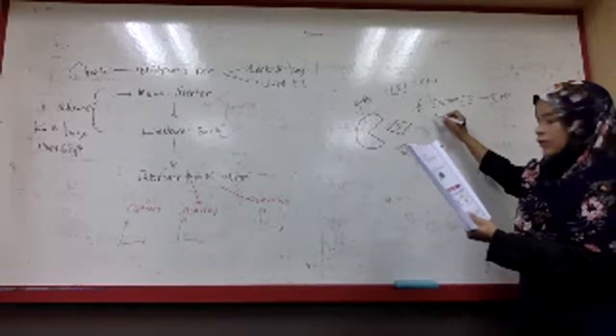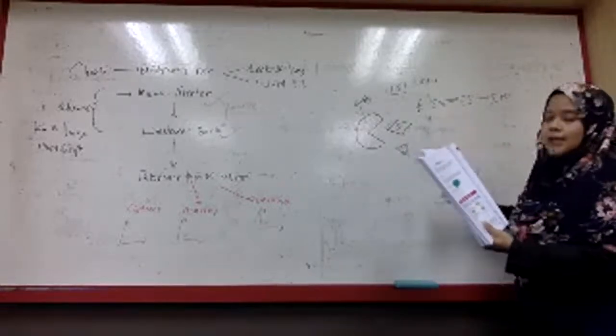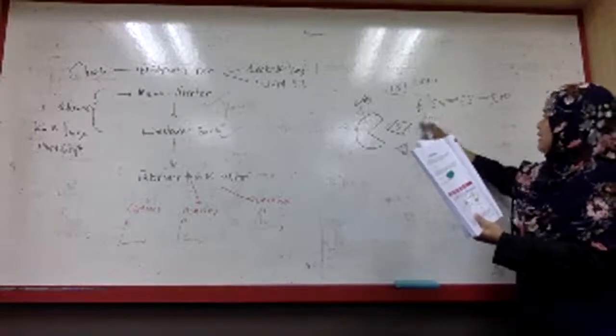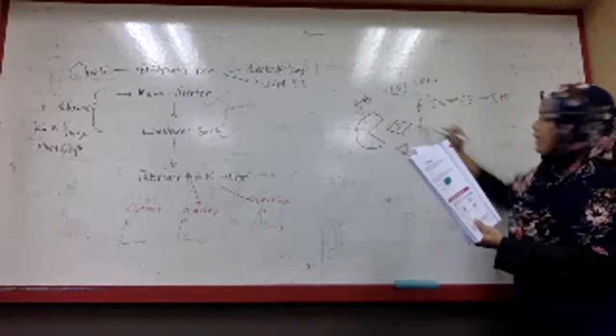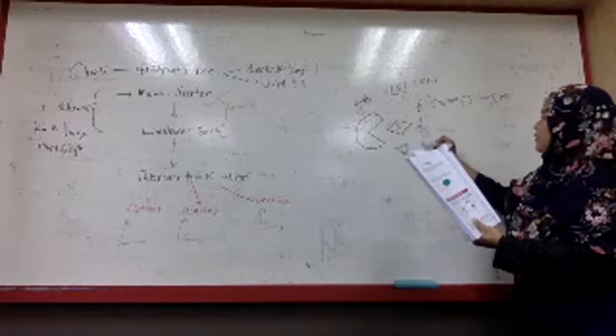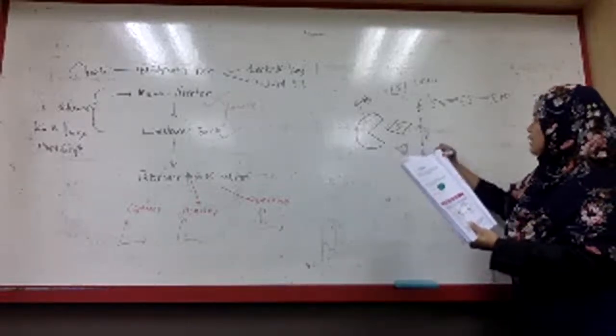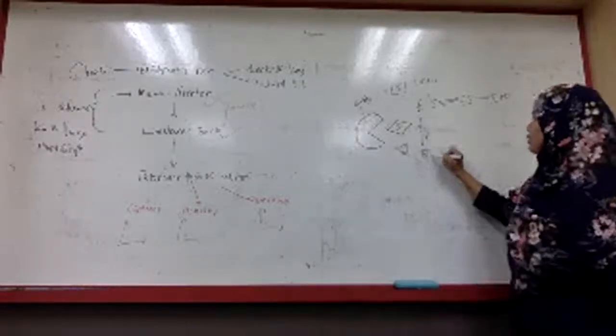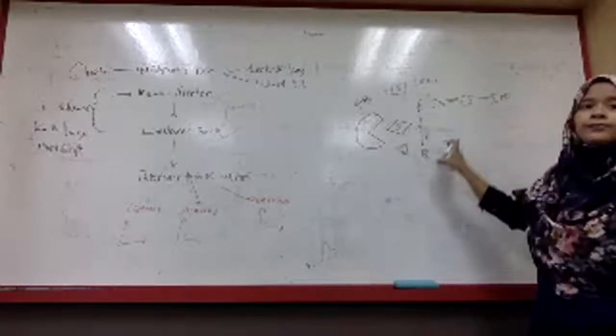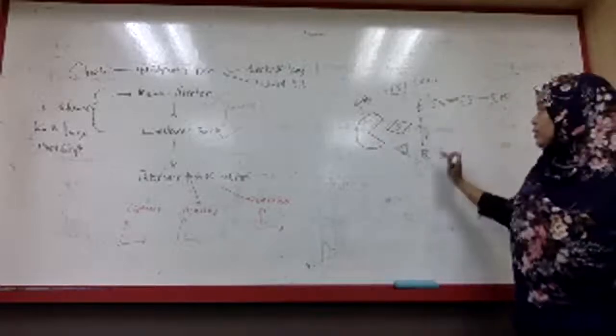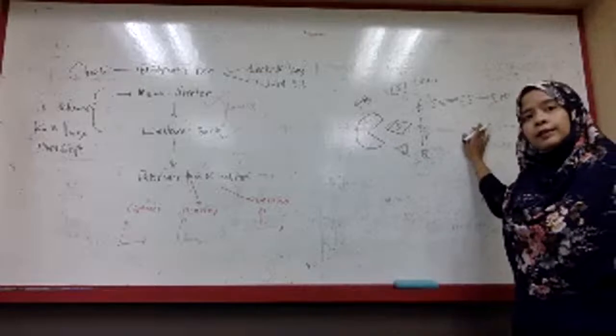At the same time, the enzyme can also react with the inhibitor to produce EI. See that? It has two paths, so these two will compete with each other.